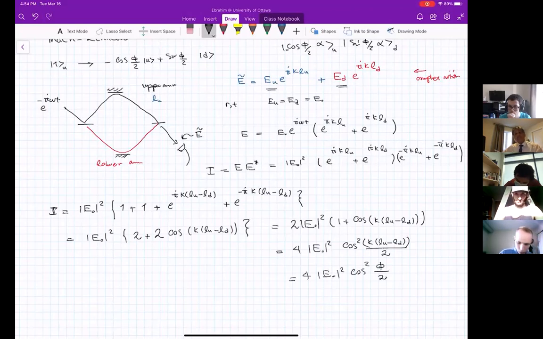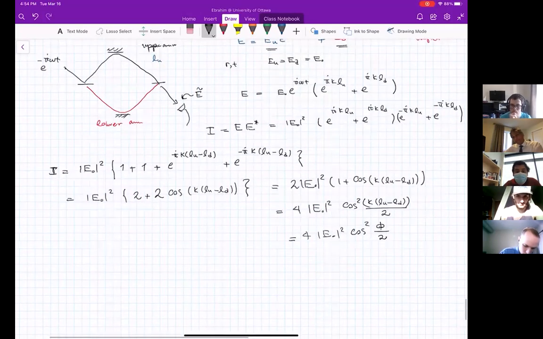This is the relative phase difference between the two. Essentially, from the last calculation, we had this probability. It was just cosine of phi divided by 2, squared. That's the probability. Good.